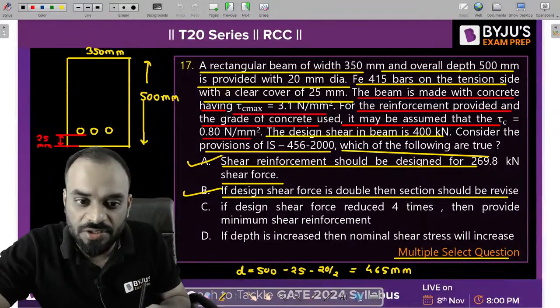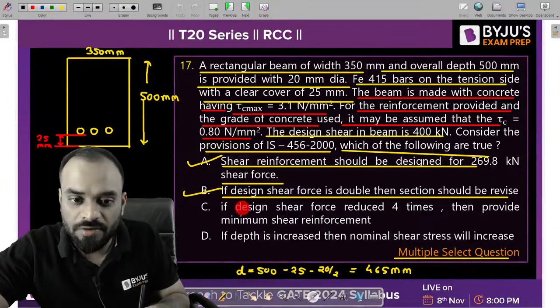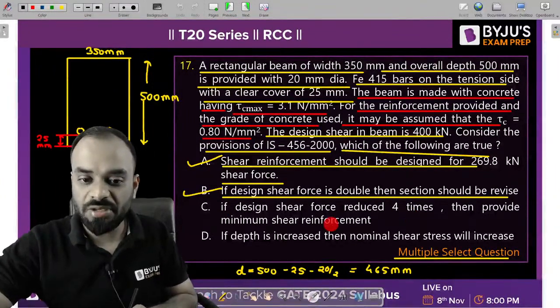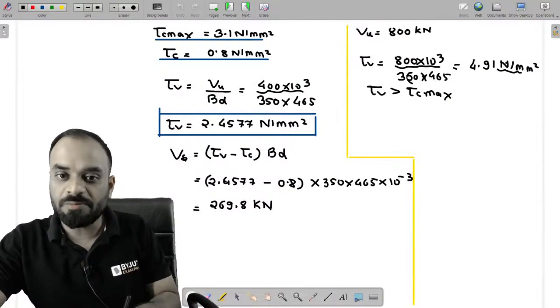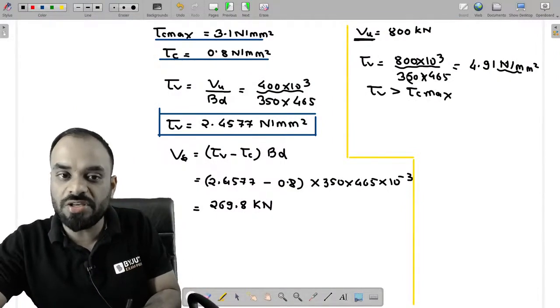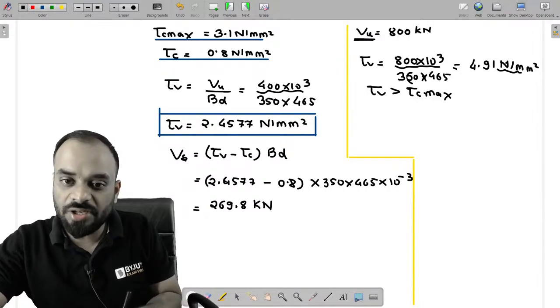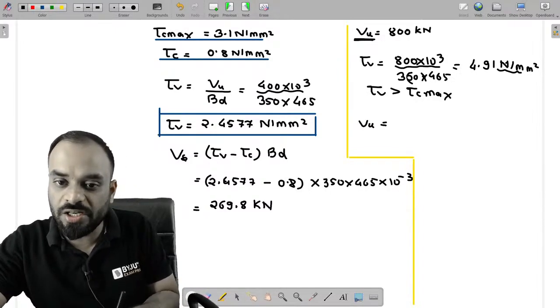In the next statement, what is written over here? If the design shear force is reduced by 4 times, then provide minimum shear reinforcement. That means I need to reduce this value of Vu by 4 times. Initially it was 400. Now we need to consider Vu is equal to 100 kilonewton.